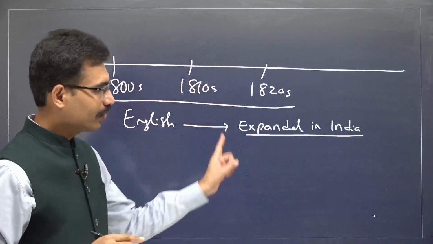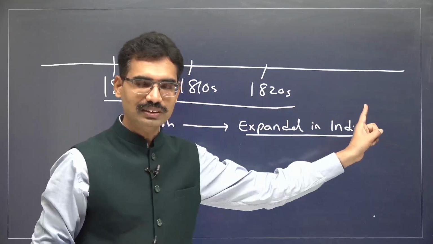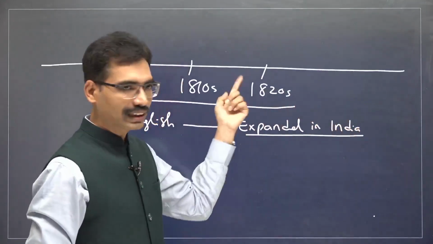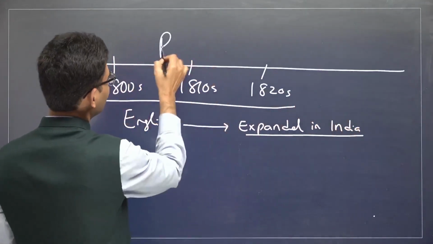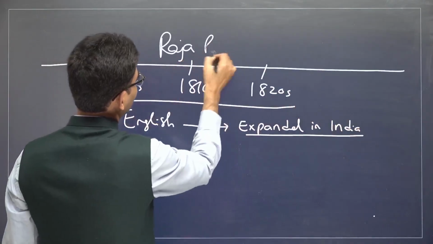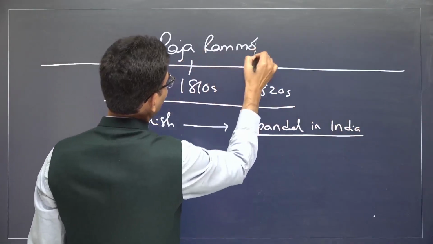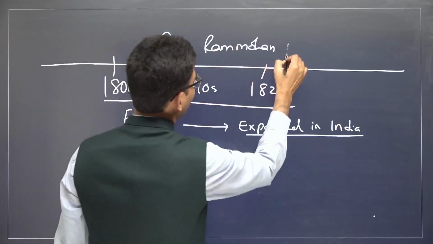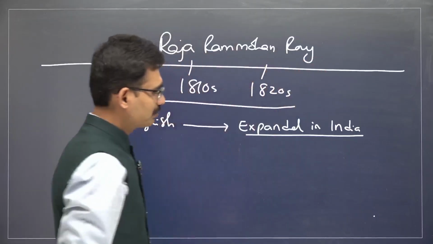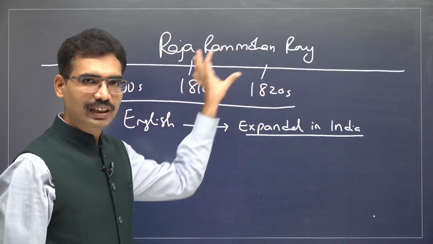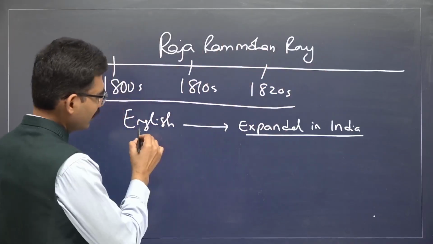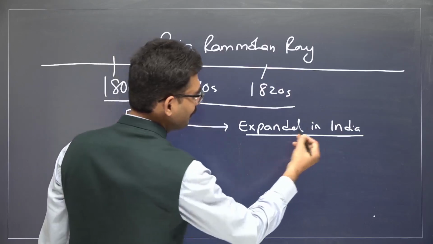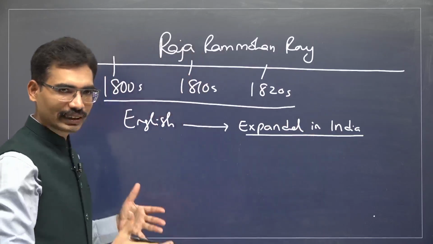Now we are going to connect with the socio-religious reformers. From this generation only, Raja Ram Mohan Roy is emerging. Raja Ram Mohan Roy is considered a pioneer of the socio-religious reform movement. He is observing these developments, the Orientalists and the Anglicists. The English are expanding in India and their territories increased.